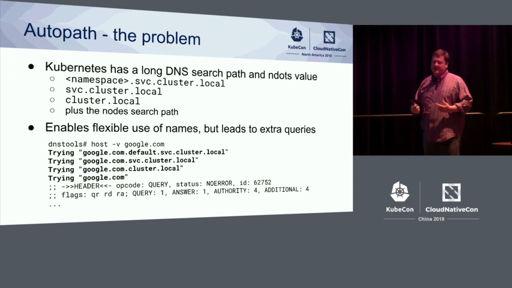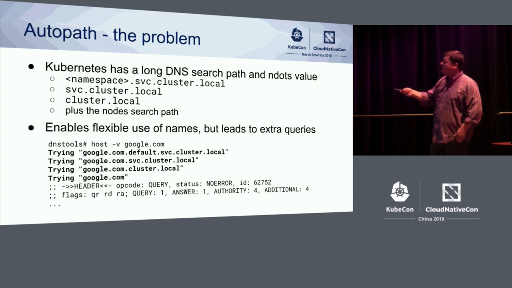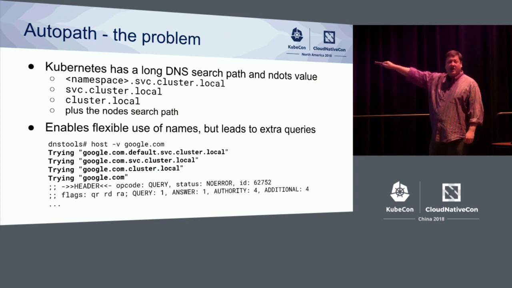If you're in a cloud environment, sometimes that'll have regional names. There can be a whole bunch. And this is one of the sources of a lot of DNS issues in Kubernetes: you can end up making one lookup, trying to find google.com, and it tries all of these different things.